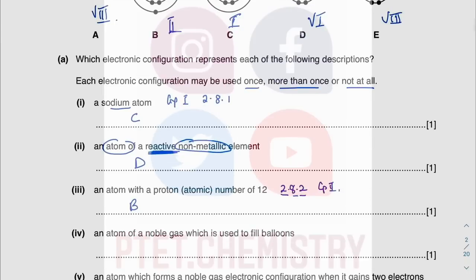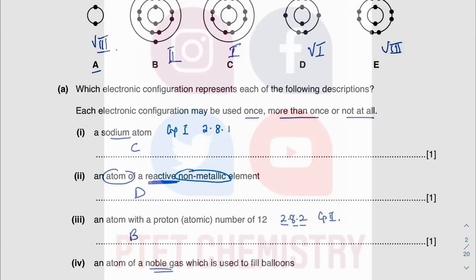Next bit, an atom of a noble gas which is used to fill balloons. So if they want a noble gas now, you're looking at either A or E, and you want to look at filling balloons, okay? So A is going to be helium, and E is going to be neon. The reason I know that is because there are 2 electrons there only, therefore there must be 2 protons. So you're looking at atomic number 2, that is helium.